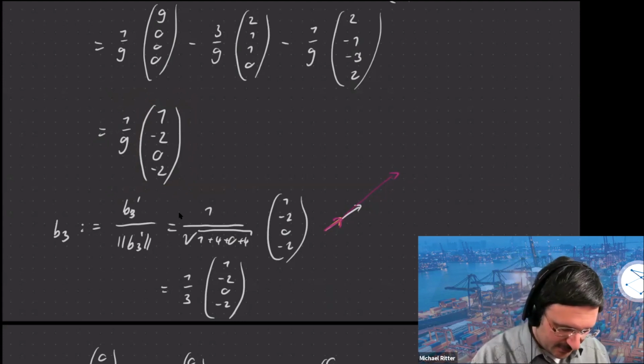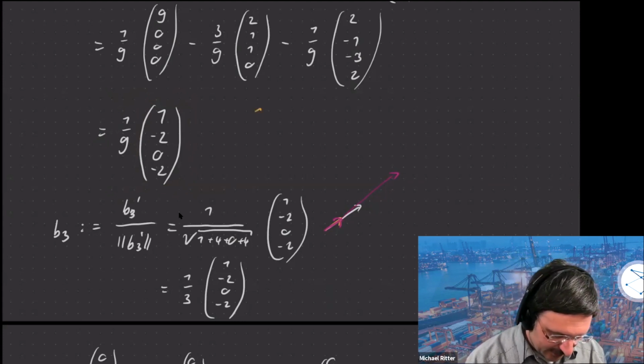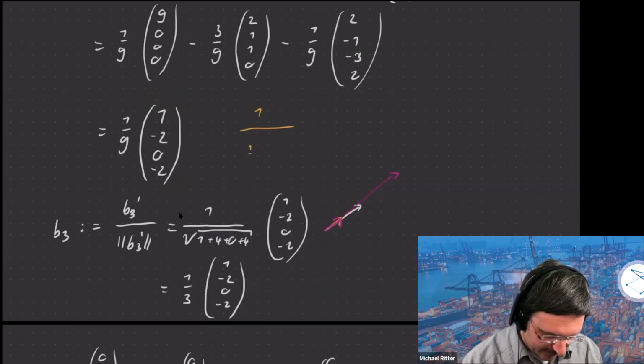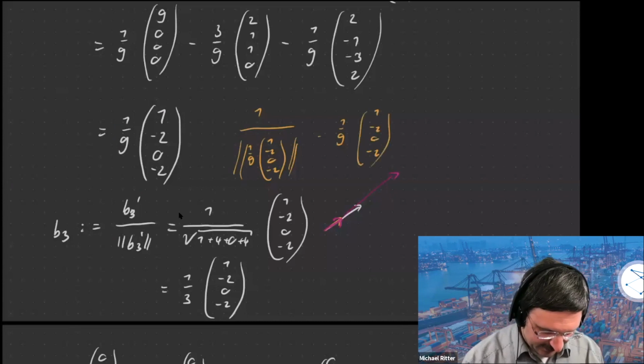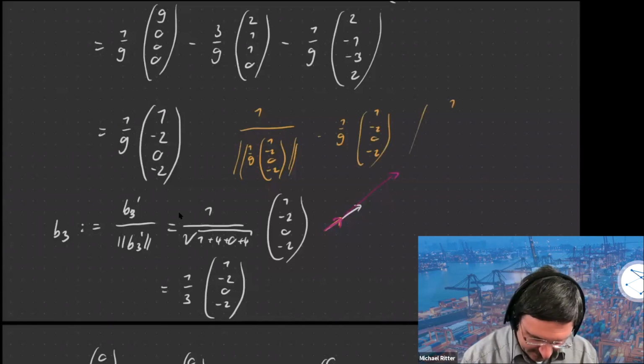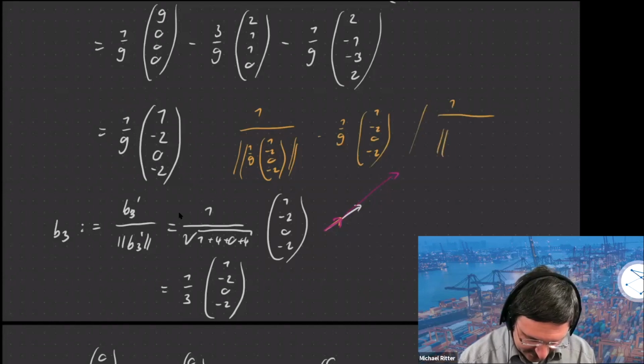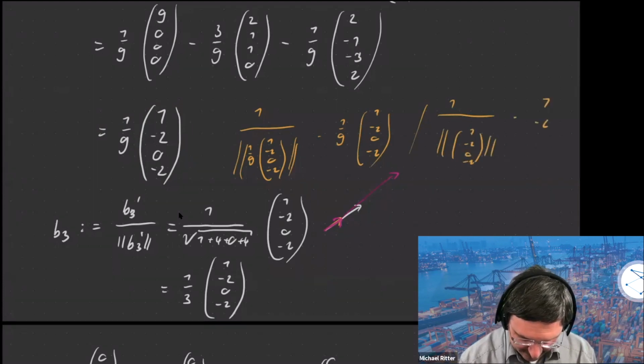So you would either do 1 over the norm of 1/9 times (1, minus 2, 0, minus 2), times 1/9 times (1, minus 2, 0, minus 2). Or what I did, I computed the norm of just this one here without the 1/9. And then, of course, you also have to multiply that by the vector without the 1/9.